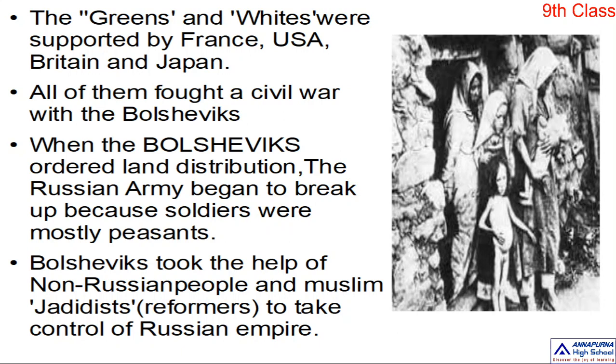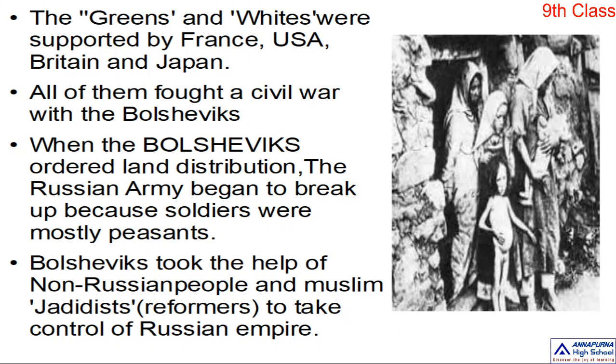Now the greens and whites were supported by France, USA, Britain, and Japan, my dear. These developed, capitalist nations supported the Socialist Revolutionaries, the greens, and the whites, who are the Tsarists.